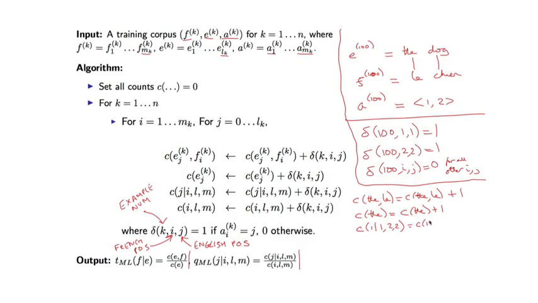It's going to be c(1 | 1, 2, 2) plus 1. And finally, c(1, 2, 2) equals c(1, 2, 2) plus 1. Those are all the counts which are incremented based on delta(100,1,1) being equal to 1. And then we have a second set of counts. You're going to find that c(dog, chien) equals c(dog, chien) plus 1, and c(dog) equals c(dog) plus 1. And there's a couple more counts here. So actually 8 counts in total will be incremented for this particular training example.